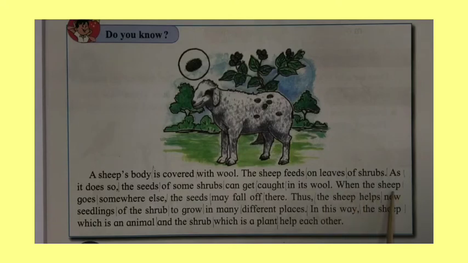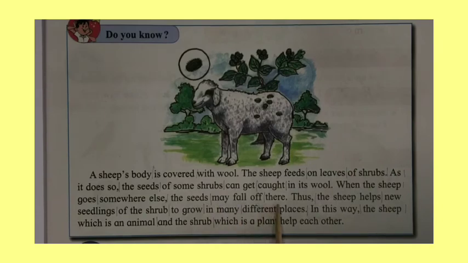When the sheep goes somewhere, the seeds may fall off there. Thus, the sheep helps new seedlings of the shrub to grow in many different places.